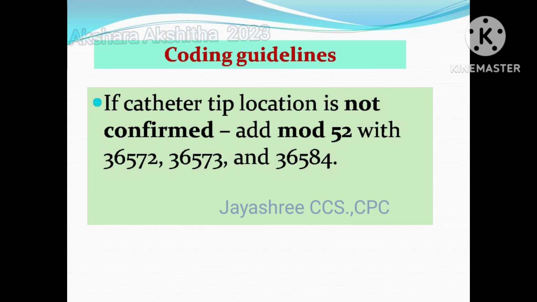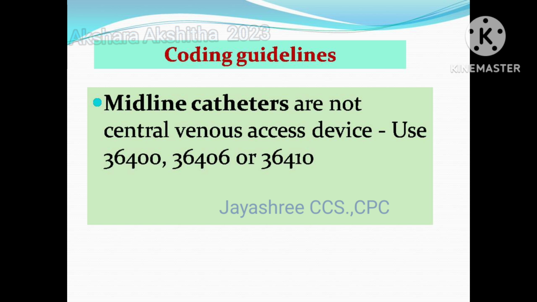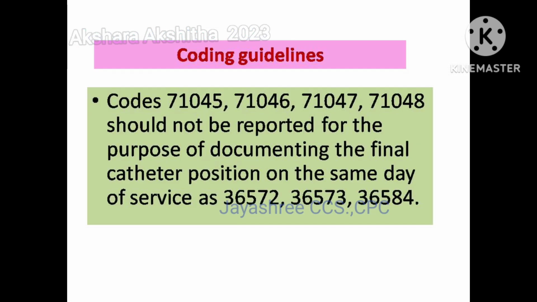Okay. The next point is, for a midline catheter or a non-centrally venous access device, we should use the 36400, 36406, 36410 codes. Then 71045, 71046, 71047, 71048: these codes we should not bill separately if the purpose of that procedure is final catheter position.